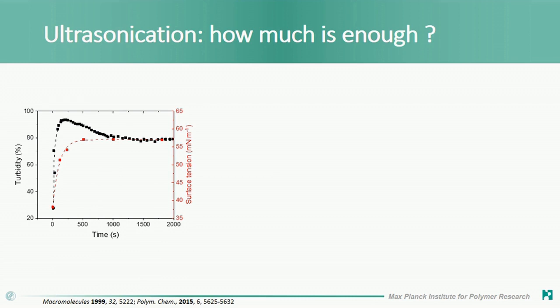Other techniques could be used to measure the size of the droplets in the miniemulsion, like small-angle X-ray scattering, but it's not a technique that we have available in all the labs, and it could be done once to see it, but not on a regular basis.